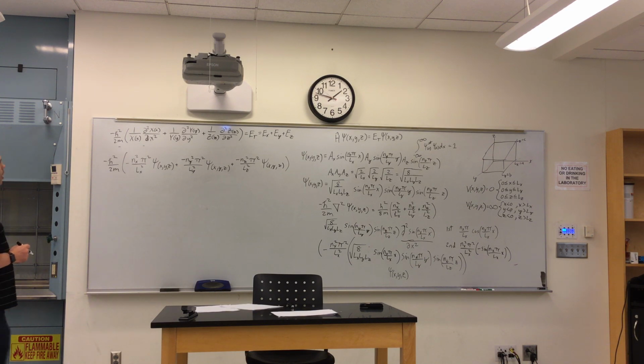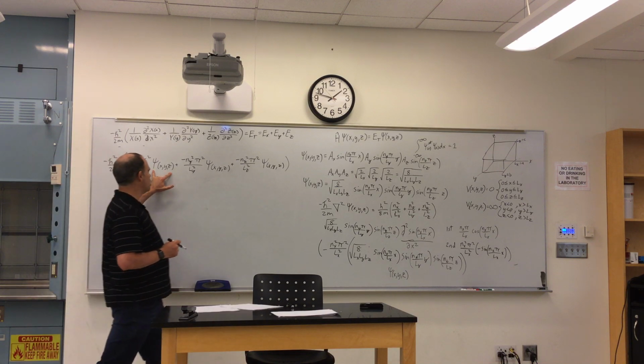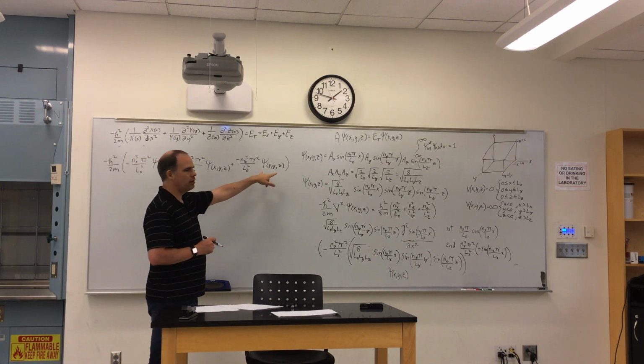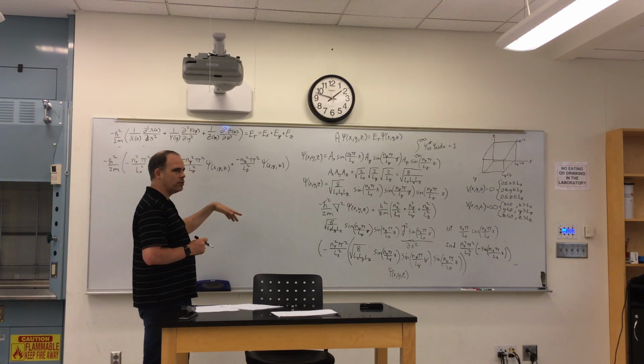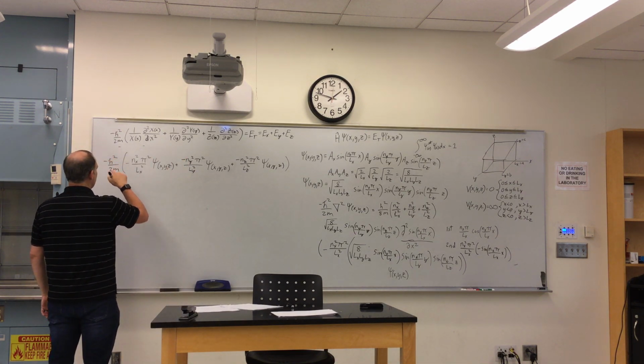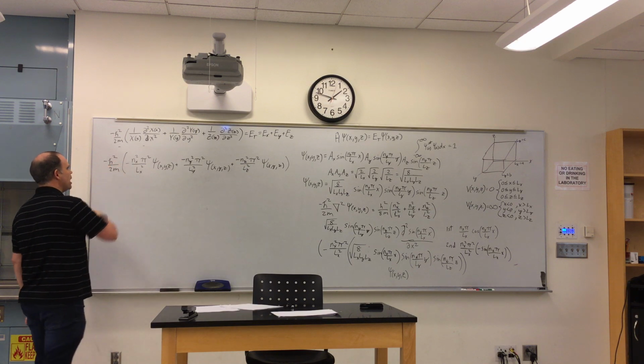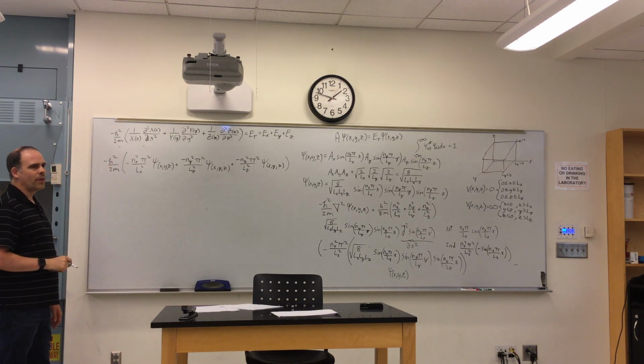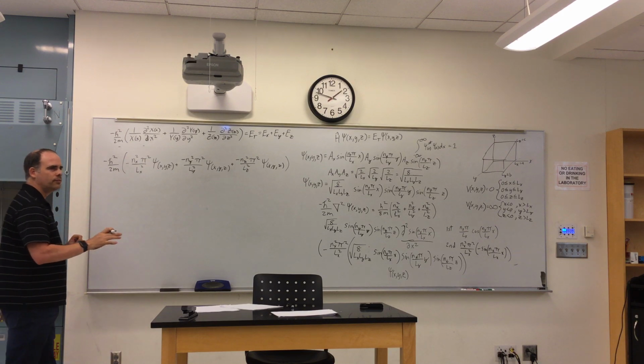Okay, so you see that I have the wave equation, psi, in all three. I can pull that out. And then what I'm going to do is take my h bar there, and turn it back into the h over 2 pi so you can see where the pi's get canceled out.